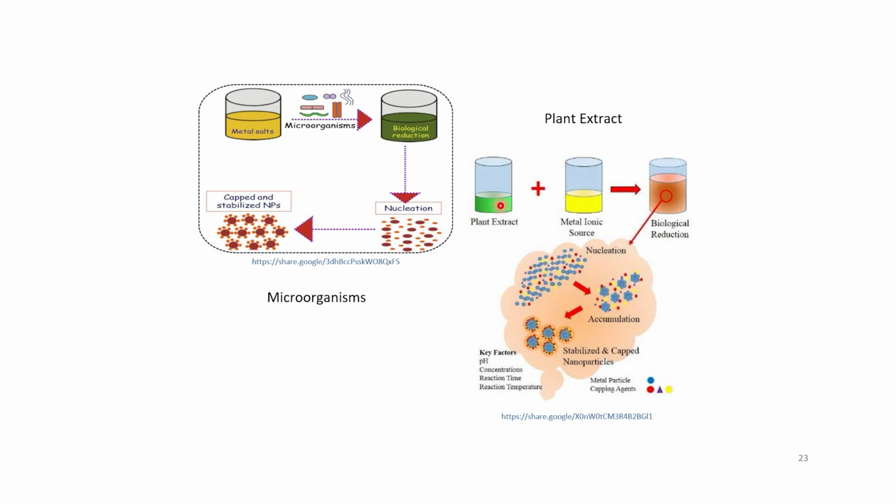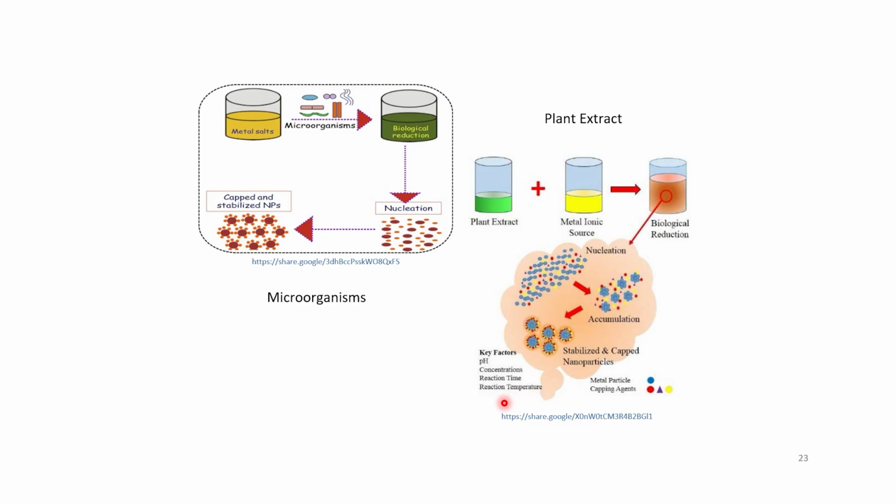With plant extract, it is plant extract plus a metal ionic salt solution, and there is biological reduction, nucleation happens, then accumulation happens, and you obtain stabilized and capped nanoparticles. Some controlling factors are taken into account, like pH, concentration, reaction time and reaction temperature.